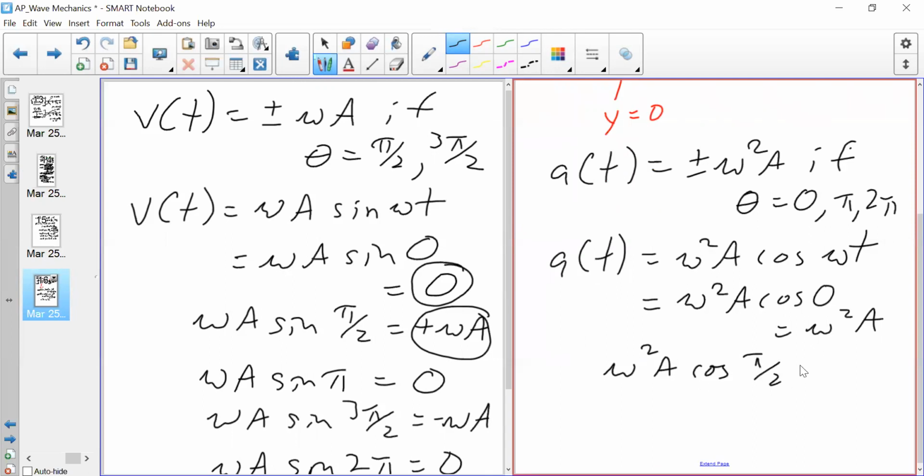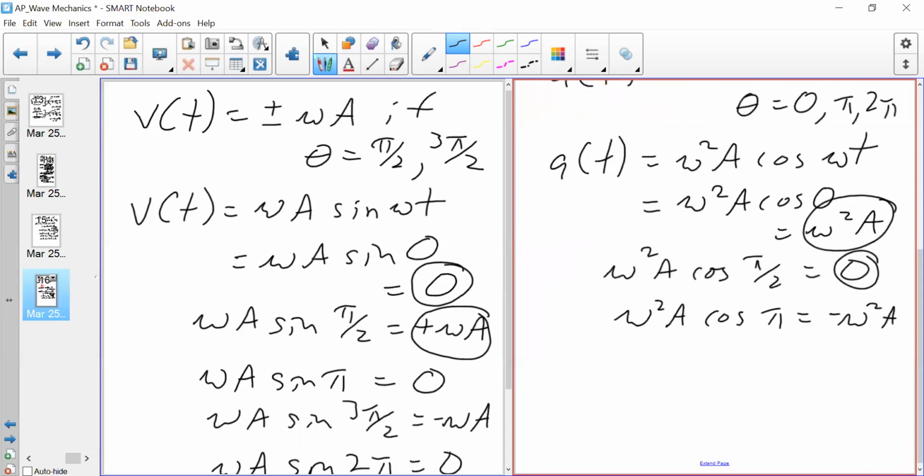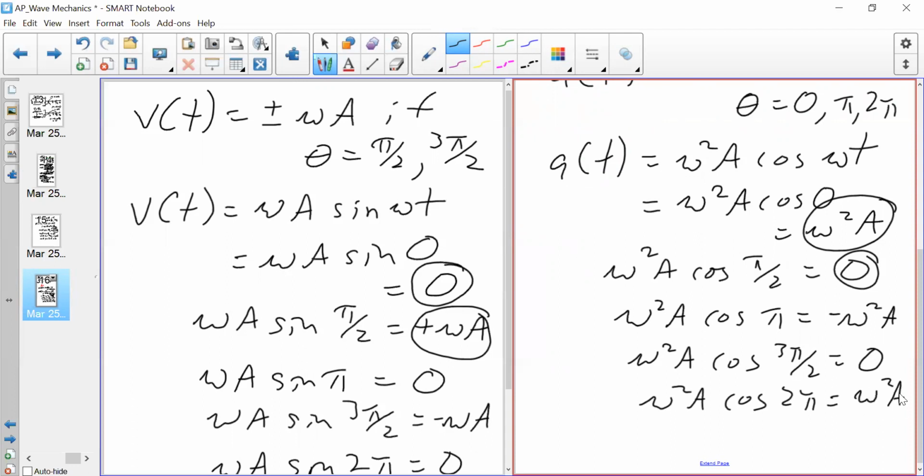That's cosine pi over 2, that's just 0. And this is going to be negative omega squared a. Then 0, and then back to omega squared a. Okay, so we got our 5 points.